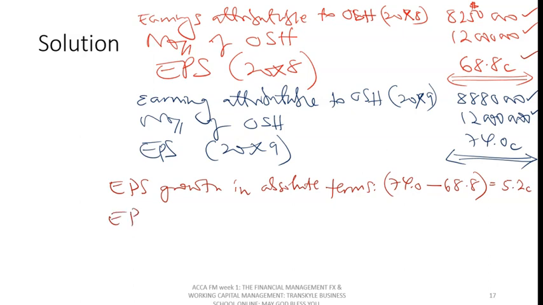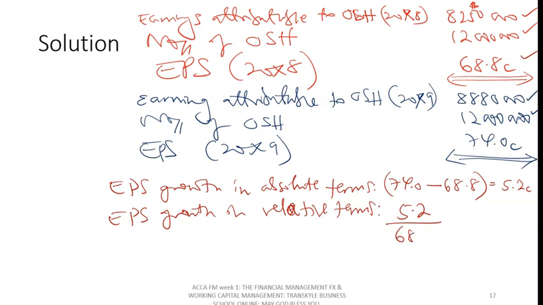However, EPS growth in relative terms, this one now, that's the difference, 5.2 over the original 68.8. And you multiply by 100% and you get 7.6%.